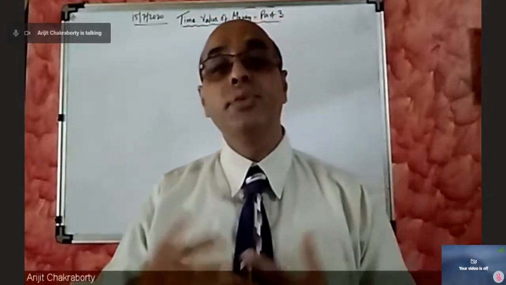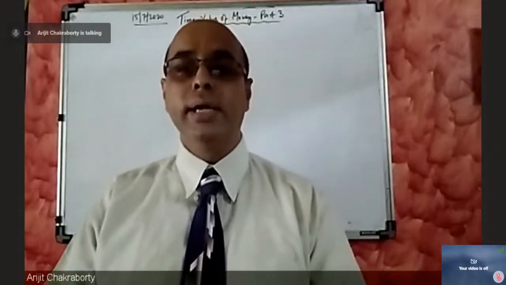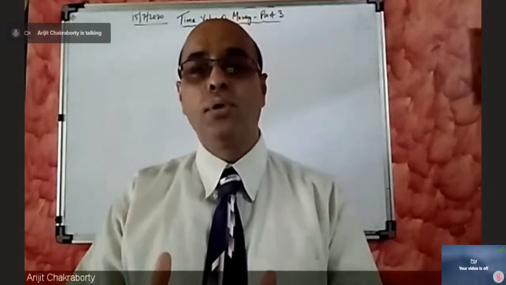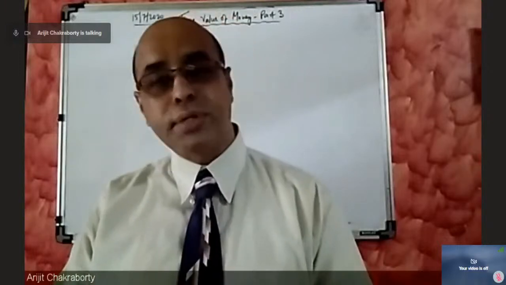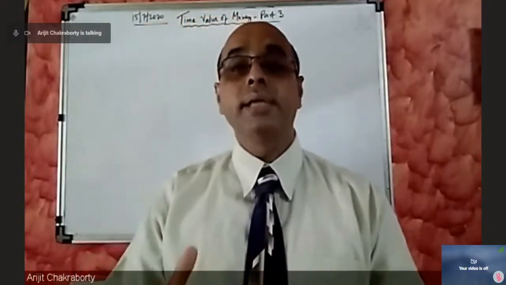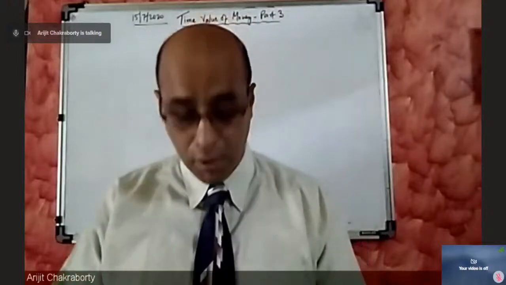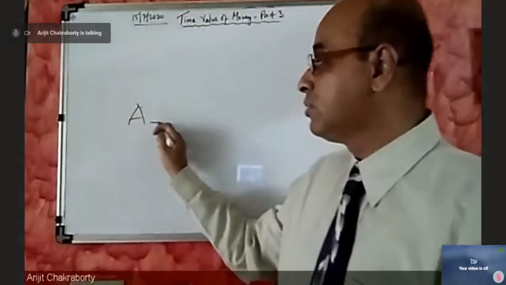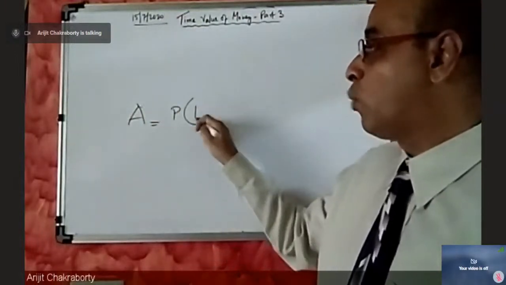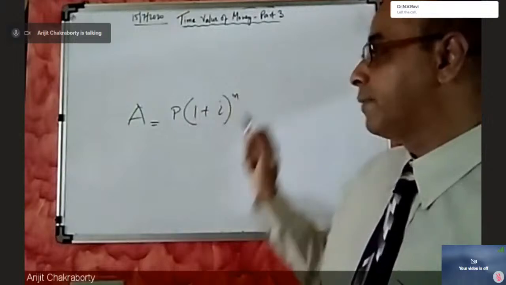We also looked at future value. Say 1000 rupees, and the rate of interest is 5%. At the end of 1 year, you get 50 rupees as interest, and therefore your amount or the accumulated balance becomes 1050. This is like the future value. In case of compounding, we saw this formula that the amount is equal to principal into (1 plus i) to the power n.